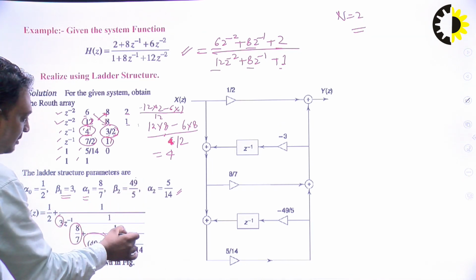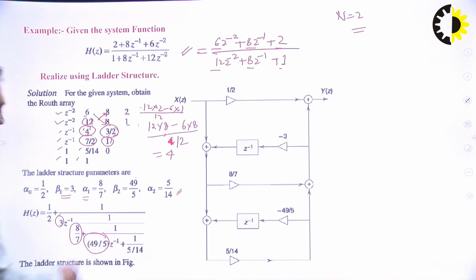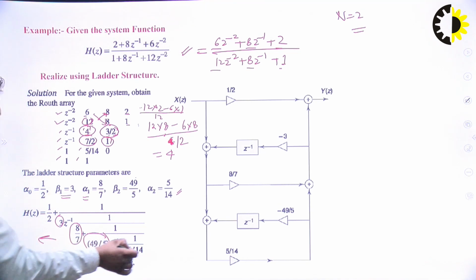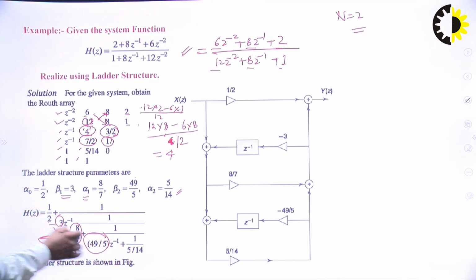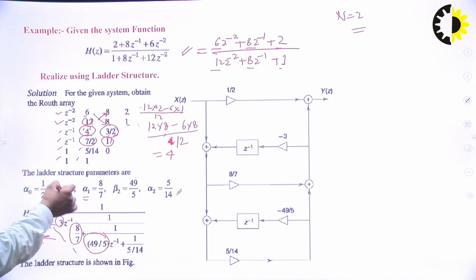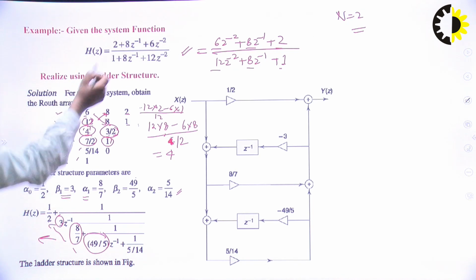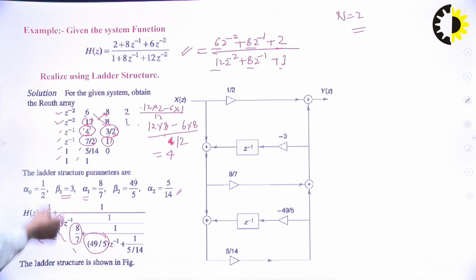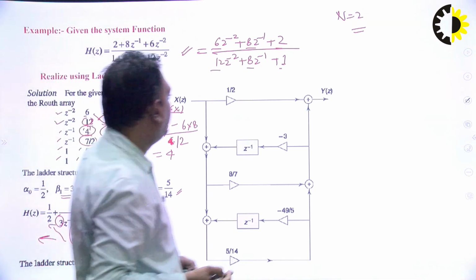So this last term is 1 upon 5 by 14, or you can write it as 14 by 5. So this is the continued fraction expansion. Now if you solve this in this direction, taking the LCM and solving step by step, finally you will get the structure. But it is not a very easy task to obtain this form from this form directly by simple mathematics. That is why we have used this Routh array technique.